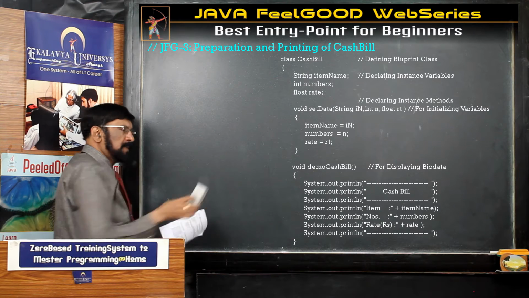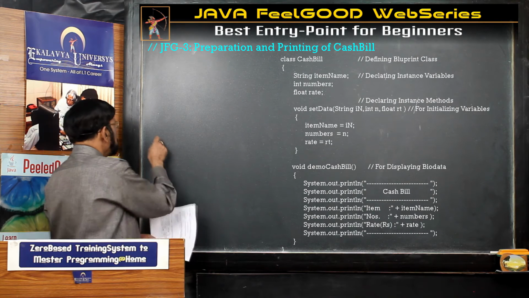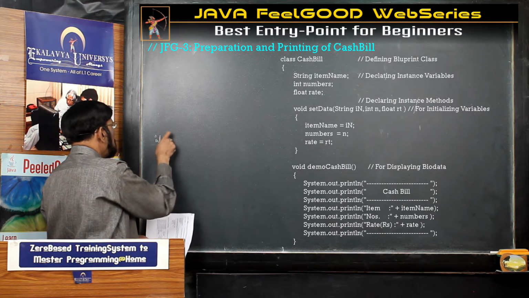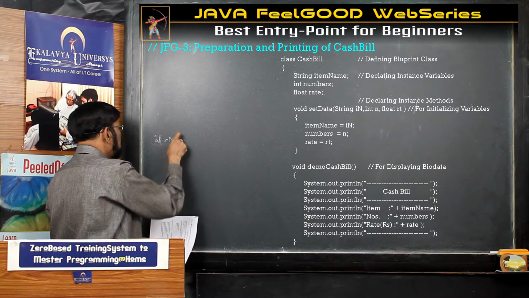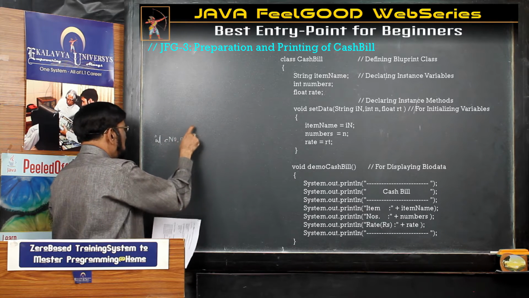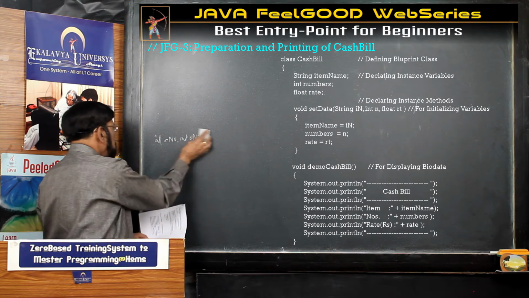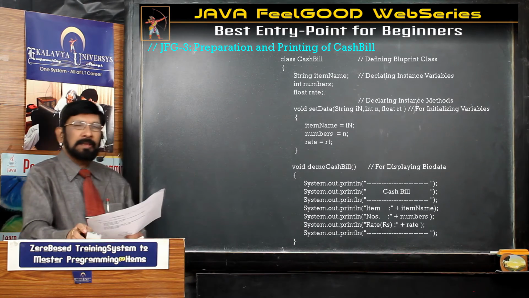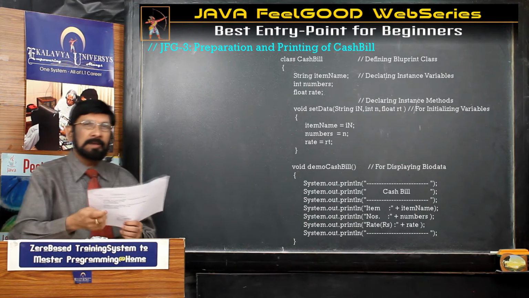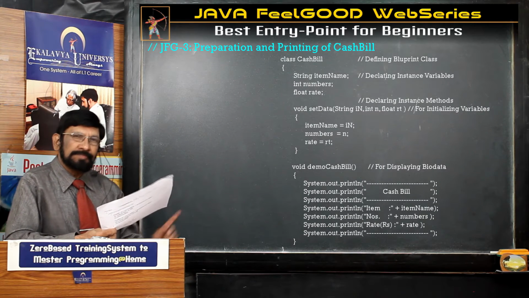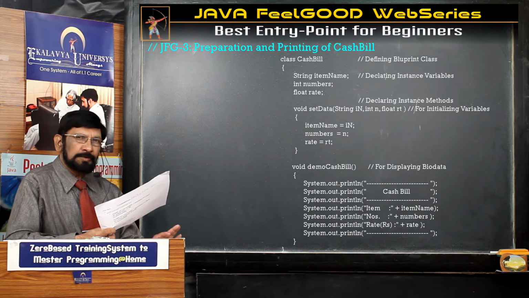But as far as parameters are concerned, it is different: int classNumber, int rollNumber. Like that, for every parameter, you have to declare independently or separately. This is one important point you must note.